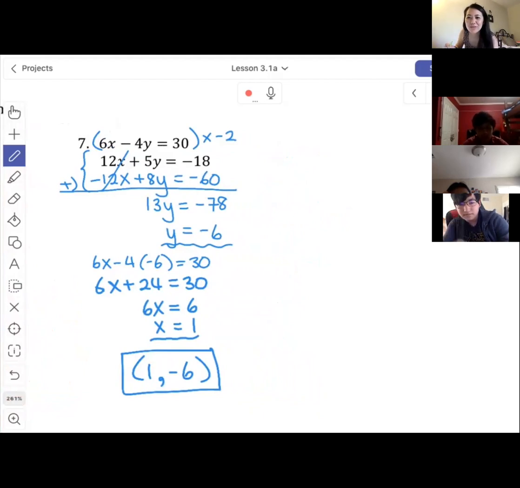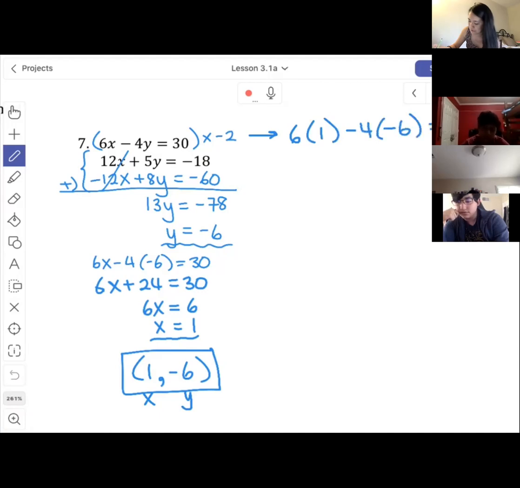So to guarantee that you get 100%, you plug in your answer, x and y, into your equations. So Sebastian, help me plug this in. Okay, so 6 plus 24, because minus 4 times minus 6 is 20 plus 24 positive.